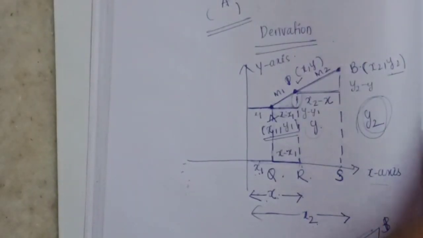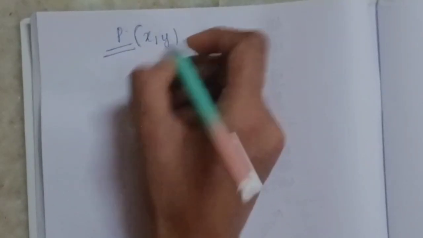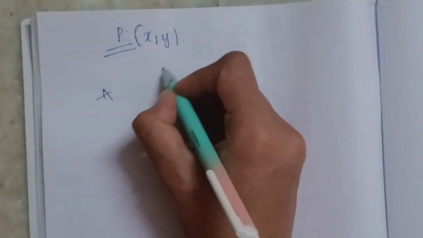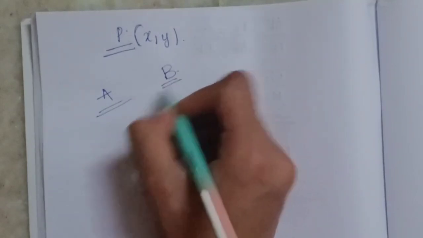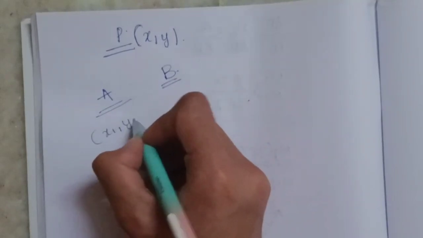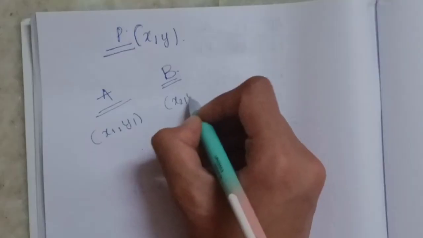So now the section formula is: point P of the coordinate x comma y, which divides a line segment formed by the points A and B of coordinates x1 comma y1 and x2 comma y2.